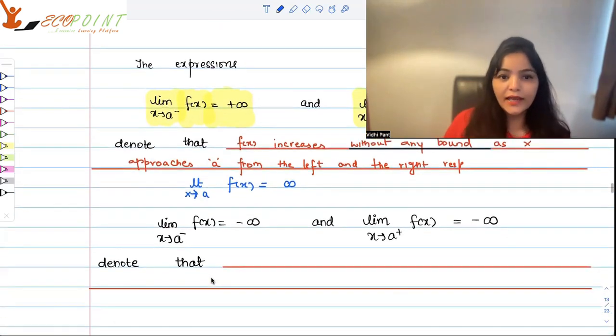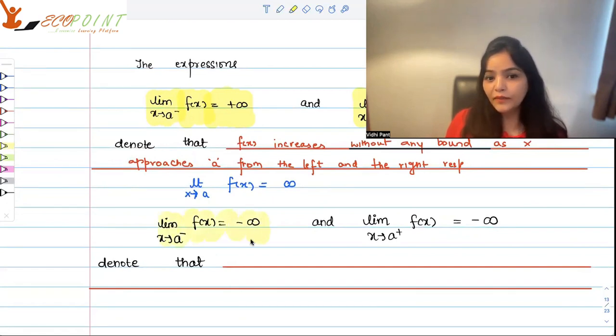Similarly, there could be a scenario where limit as x tends to a minus gives you minus infinity as f(x) goes to minus infinity, and limit as x tends to a plus, f(x) is also minus infinity. So what would that denote?